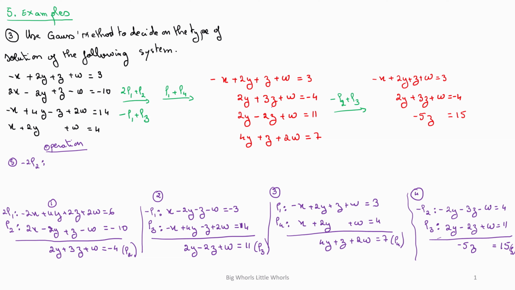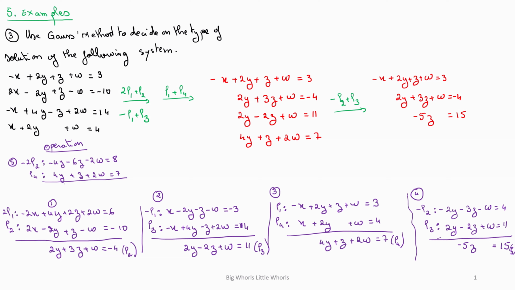We are working with this new system, which is minus 4y minus 6z minus 2w equals 8. And row 4, we have 4y plus z plus 2w equals 7.